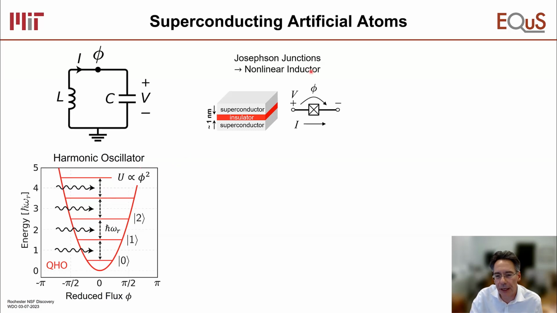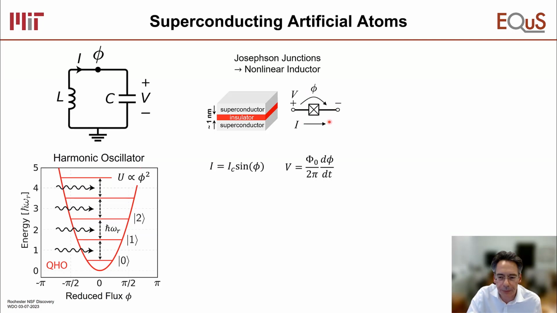That's because we have an object in superconducting systems called a Josephson junction, which takes two superconducting leads, in this case aluminum, let's say, and has a thin insulator, aluminum oxide, in between. This is called a Josephson junction, named after Brian Josephson. There's a voltage across the junction and a current through the junction.